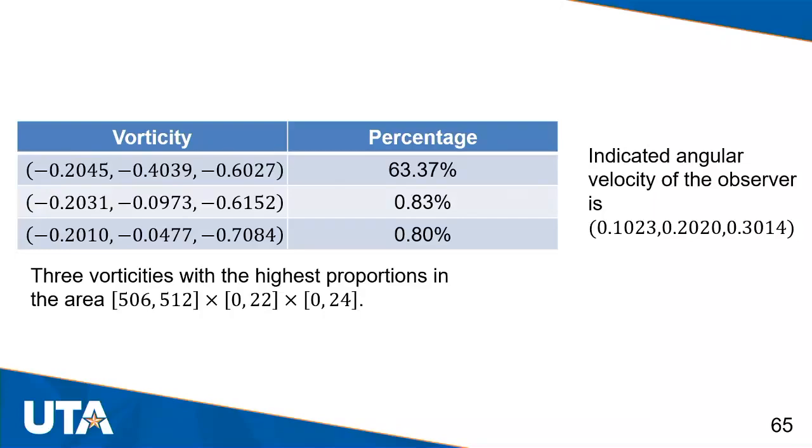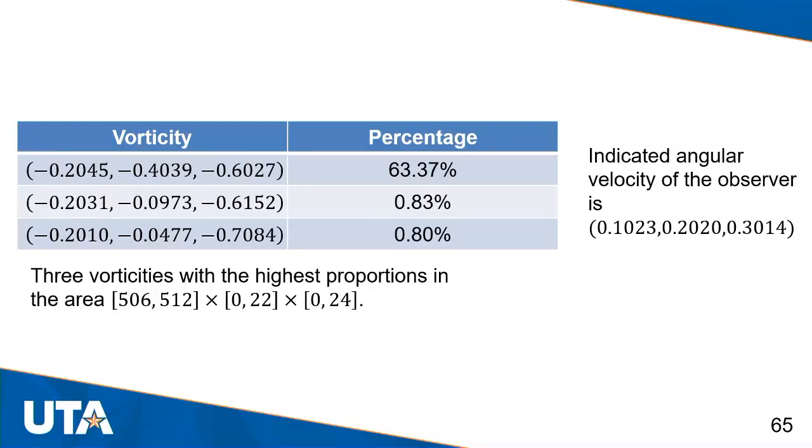We also test this method in another small subdomain. We can also find a dominant vorticity vector, which accounts for more than 60%, and the second largest is only 0.83%. So there is an obvious leader. This is the vorticity we need, and we multiply by -1/2.